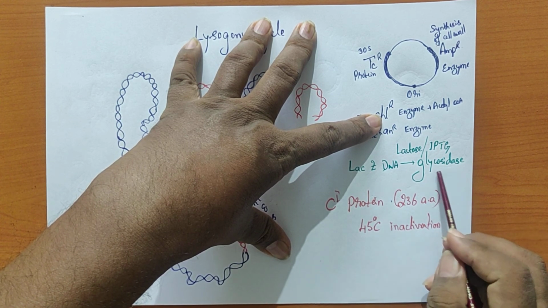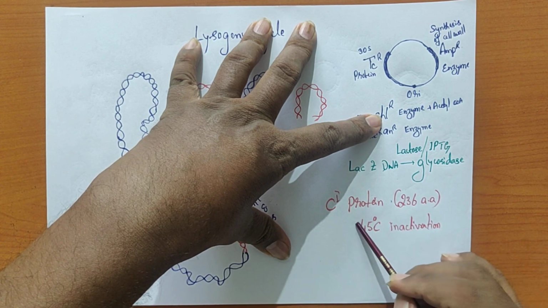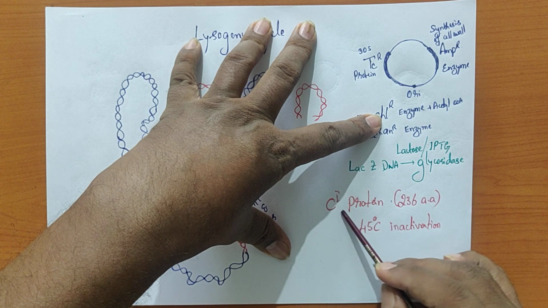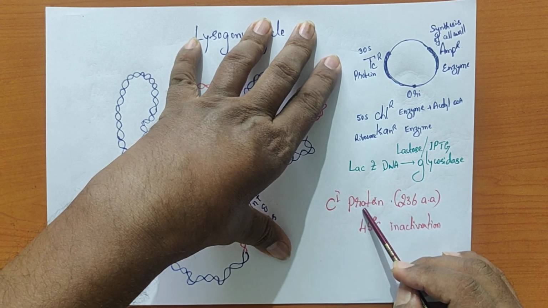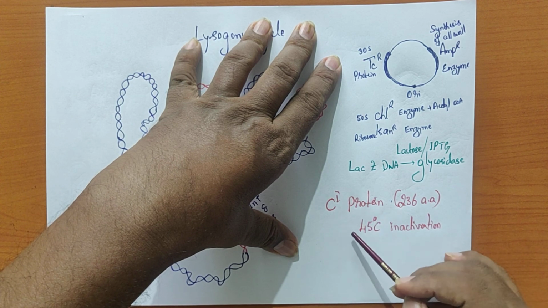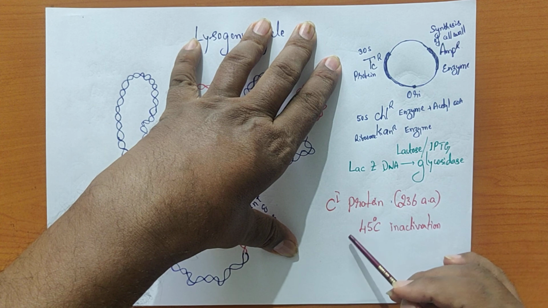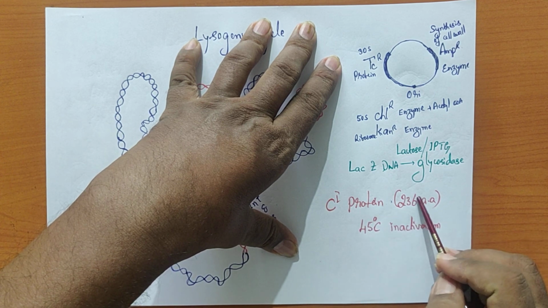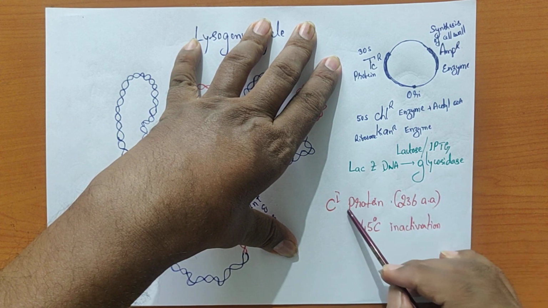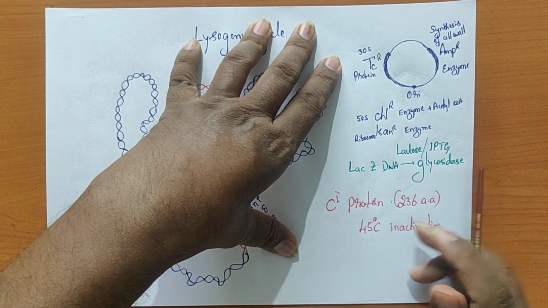If you want this C1 protein along with this promoter, we can always keep at 37 degrees centigrade, and all the cells will get into the lysogeny cycle. Now if you want to convert them into the lytic cycle, we don't have to add anything. For its activation, all we have to do is increase the temperature to 45 degrees centigrade.